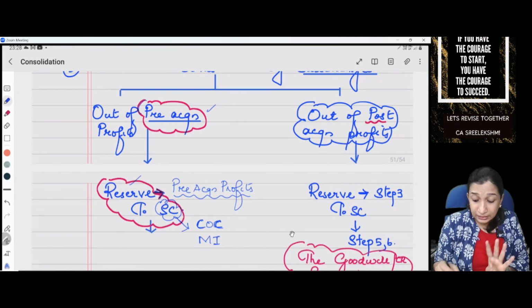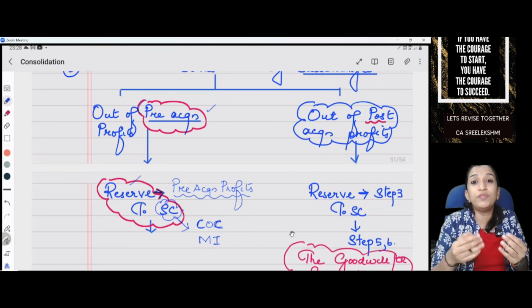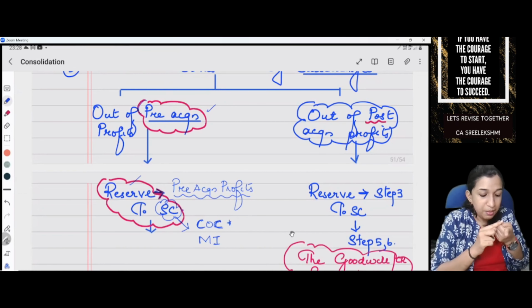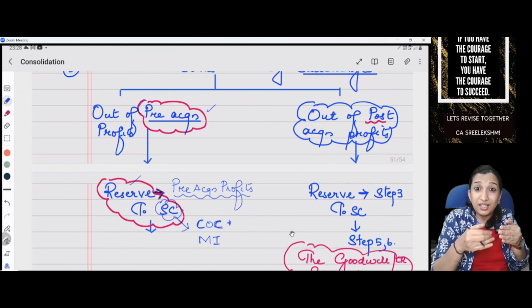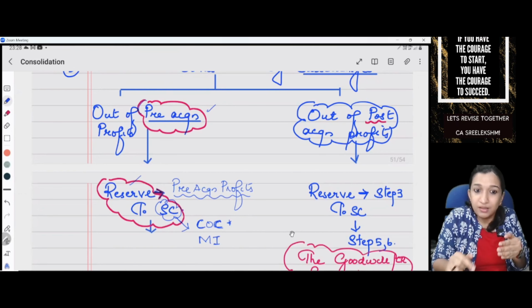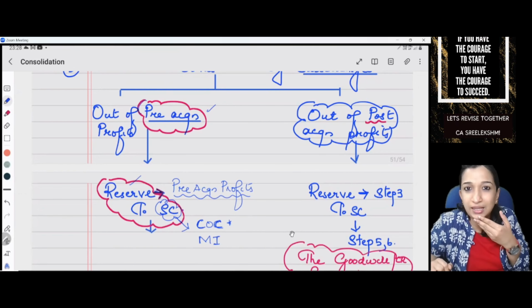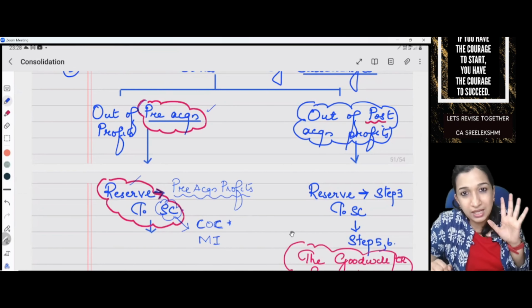Okay. Then when you calculate goodwill or capital reserve, cost of investment minus pre-acquisition dividend, then you take the share capital of the subsidiary. The revised, new share capital is to be taken. For minority interest, where we give the share of the subsidiary's share capital, you should take the revised share capital. Are you clear? Yes.